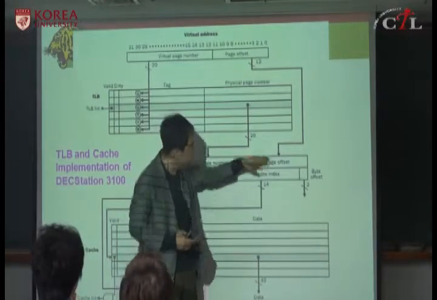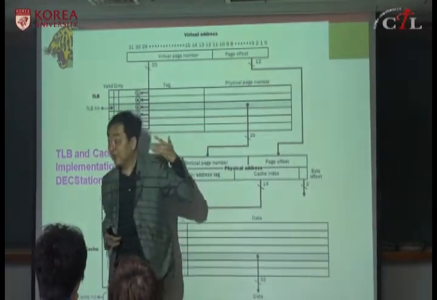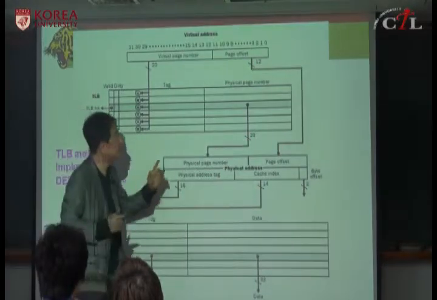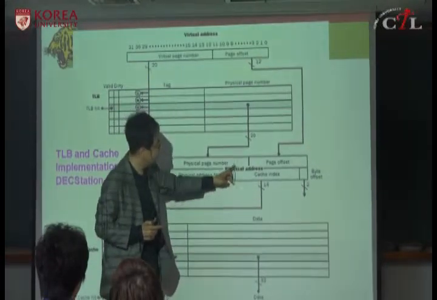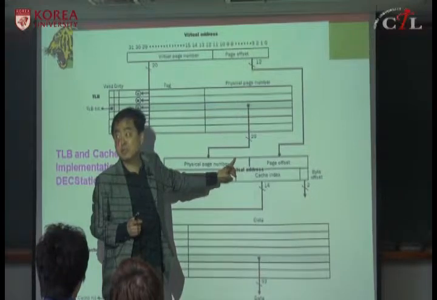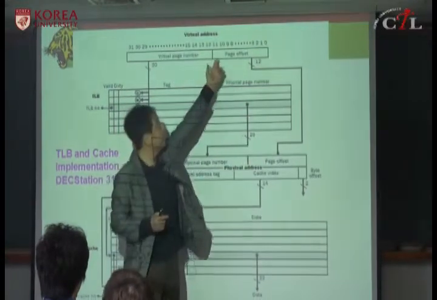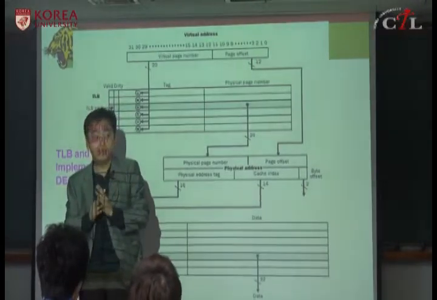If the cache index could be extracted from here, then you can do that decoding in parallel with TLB access. So the idea is if you increase the page size this much, which means 16 bits, 2 to the power of 16, 64 kilobytes, then you can extract the index right away from the virtual address. That's one option. You increase the page size.